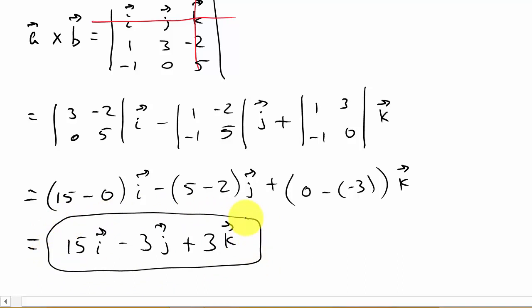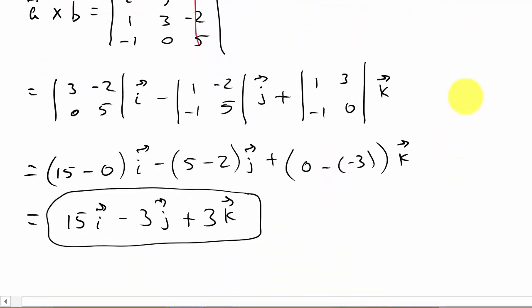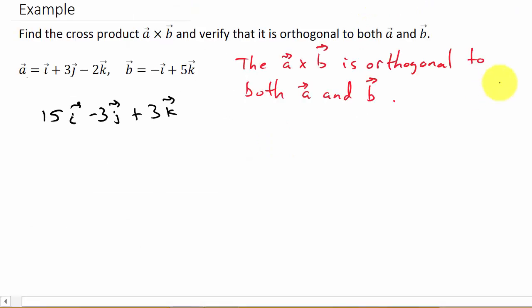All right. Now what they want us to do is verify that this is orthogonal to both vectors A and B. All right, so I'm going to erase this so we'll have some room up here. I'm going to work it up there. All right, so let's look at this.